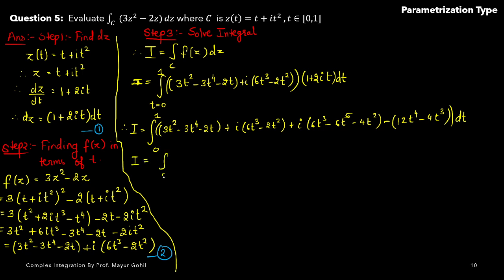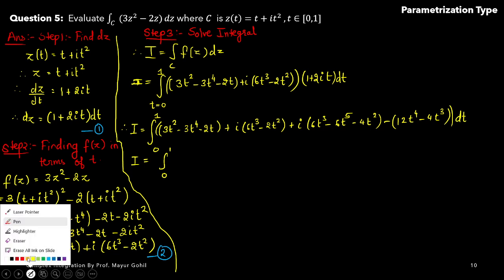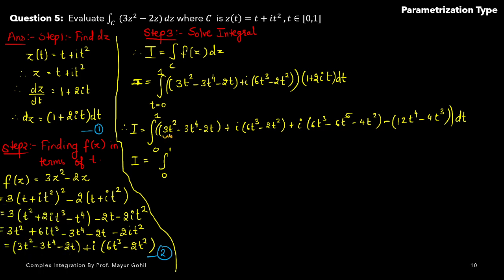So integral 0 to 1. Now you observe here, I'll highlight it with this orange color. 3t square is here, and 3t square is here, and there is no square term here.